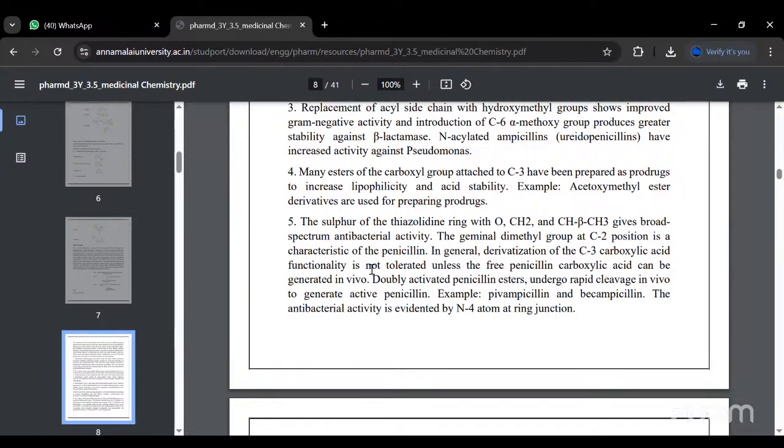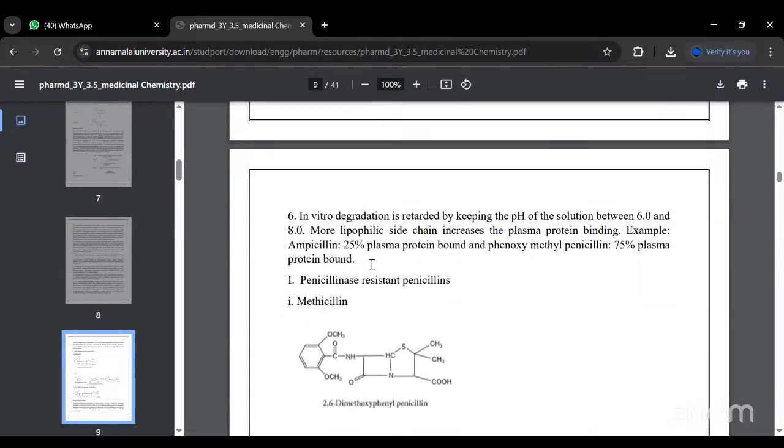For example, pivampicillin and bacampicillin. In vitro, the degradation is reduced by keeping the pH of the solution between 6.0 and 8.0.